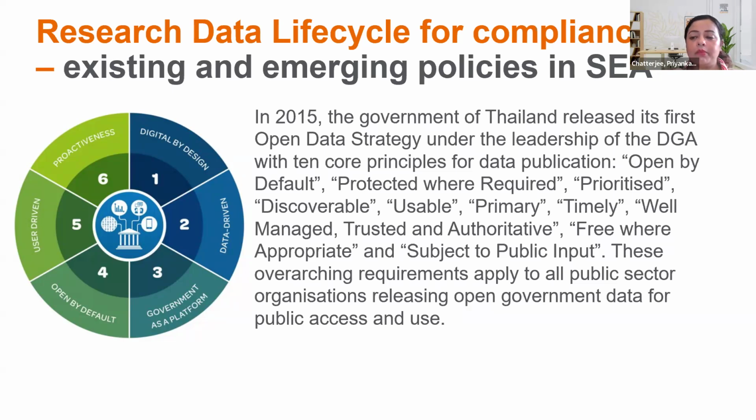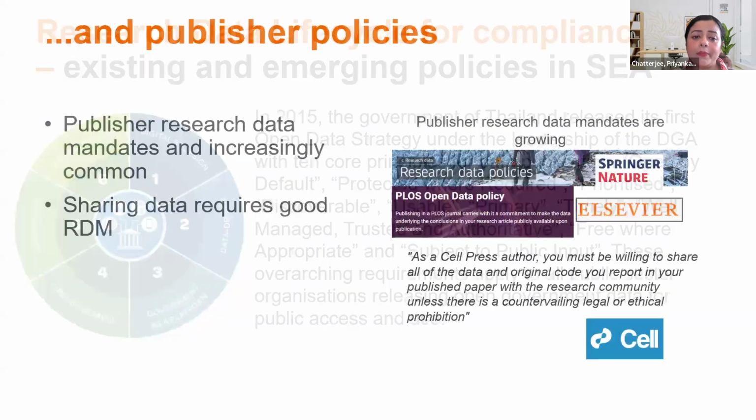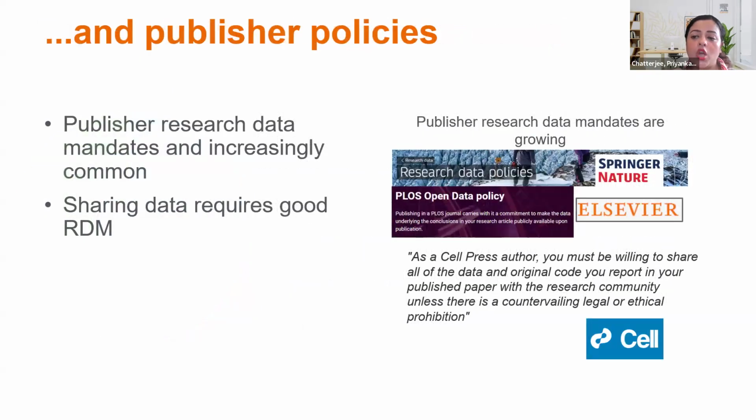So here we have examples we saw from funders like NIH, OSTP. We also saw that in Malaysia, there is an encouragement from the government in terms of adhering to the research data policy. We also have Thailand, and we also have publishers who have put out their own information around how they support open data and how they encourage authors to publish their research data.